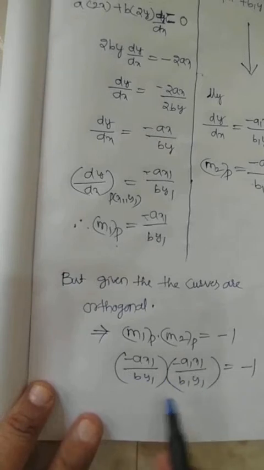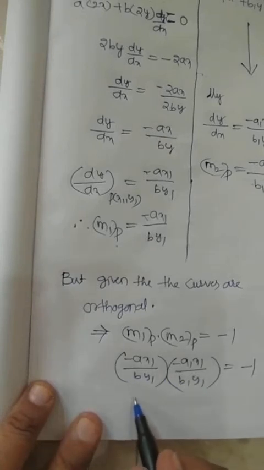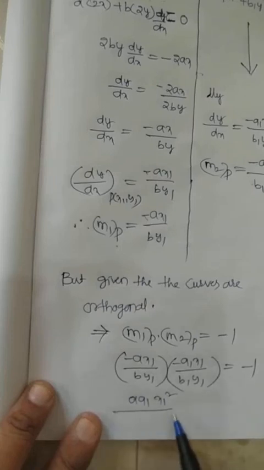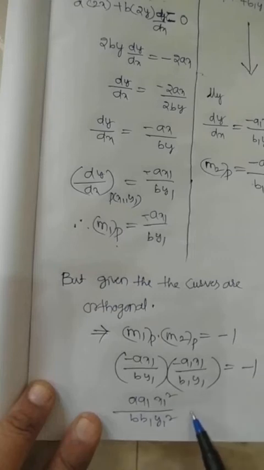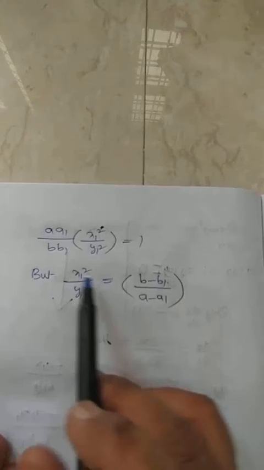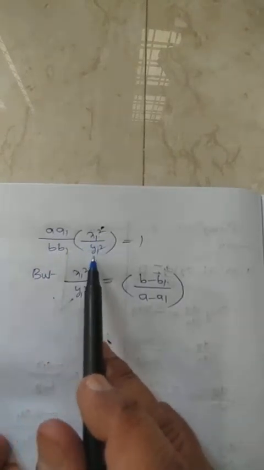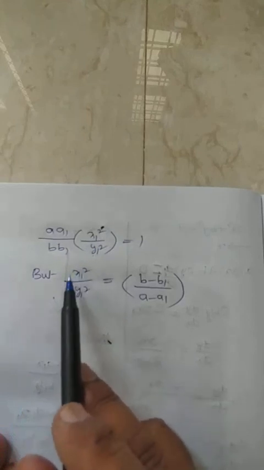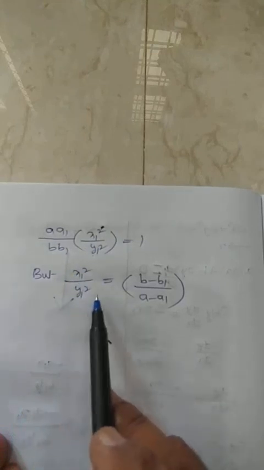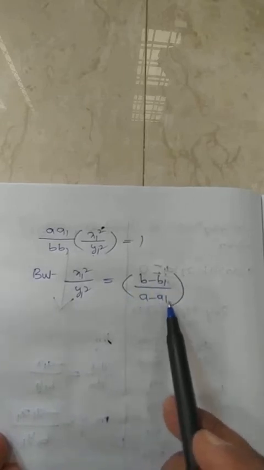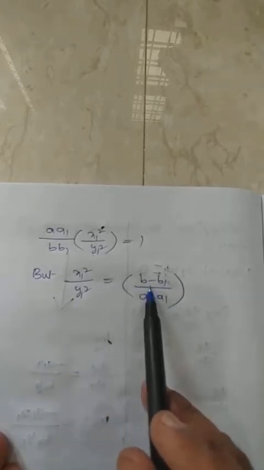So it is a1 into x1 square by b1 into y1 square is equal to minus 1. I will write it like this: a1 by b1 into x1 square by y1 square. Since I have the value of x1 square by y1 square, which is (b minus b1) by (a minus a1), I will substitute it in place of this one.